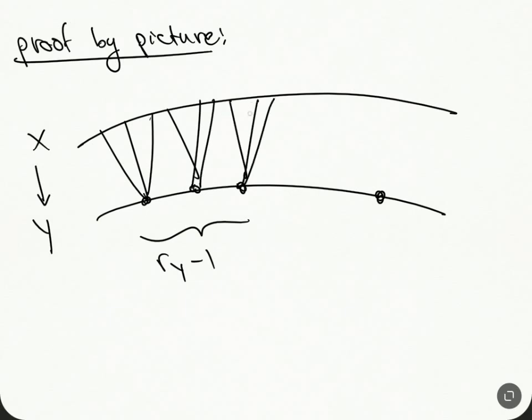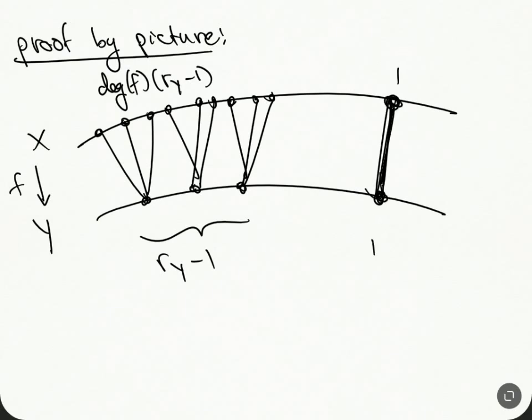It's unramified at all these points, and this is the degree of the map f times (r_y minus 1), and then here is this ramified point, right? We had 1 here, and this is 1. Okay, so this is how you count this.